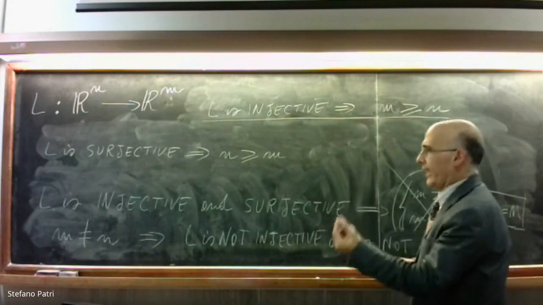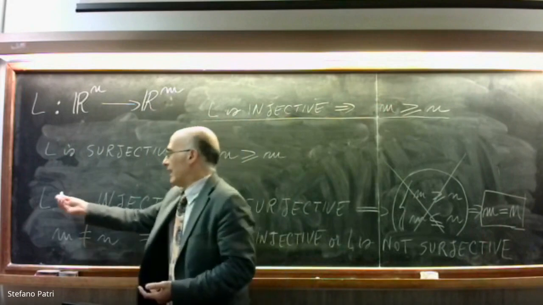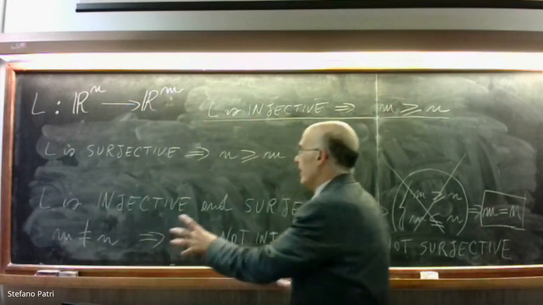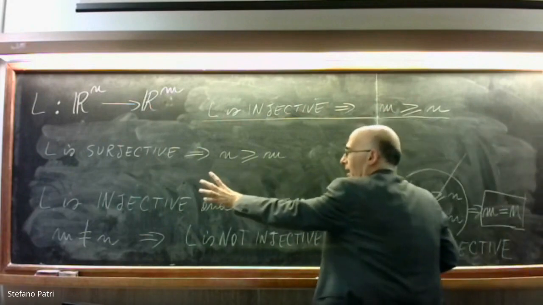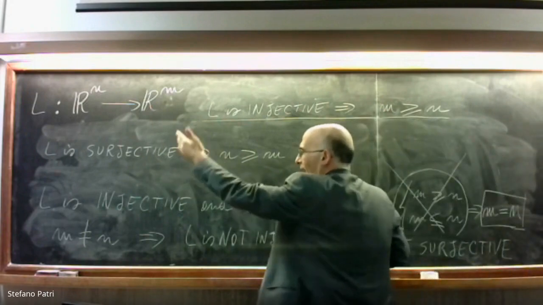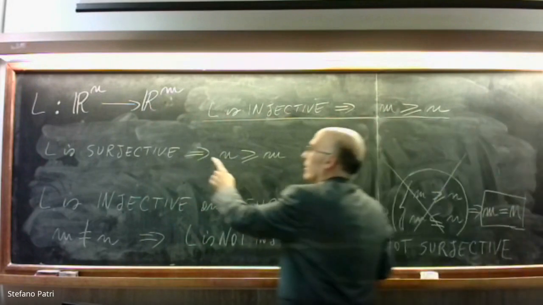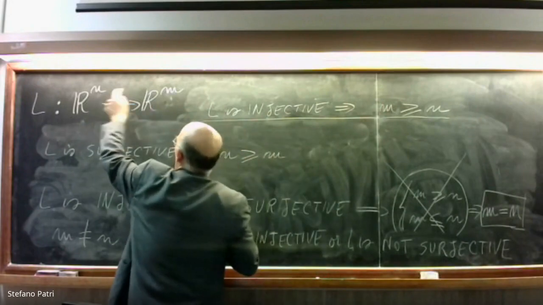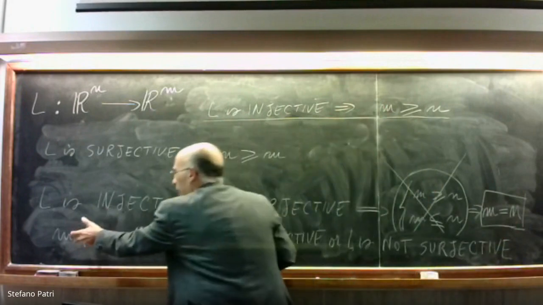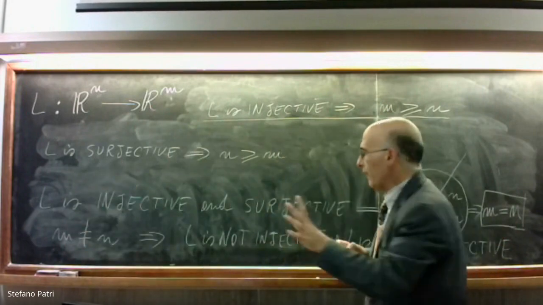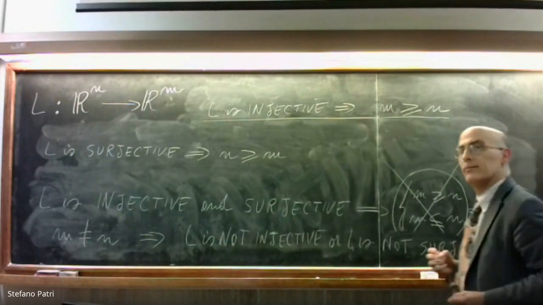Since we want to understand the form of a linear application simultaneously injective and surjective, if L is injective and surjective, the two dimensions of the two spaces must be equal, because different dimensions cannot give L simultaneously injective and surjective.